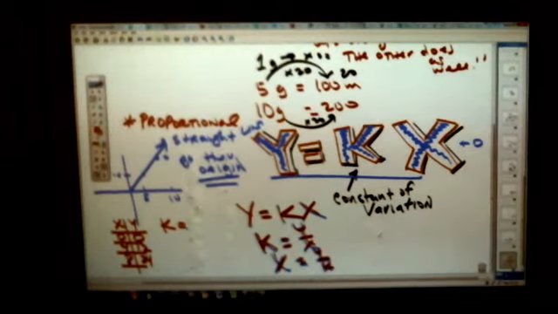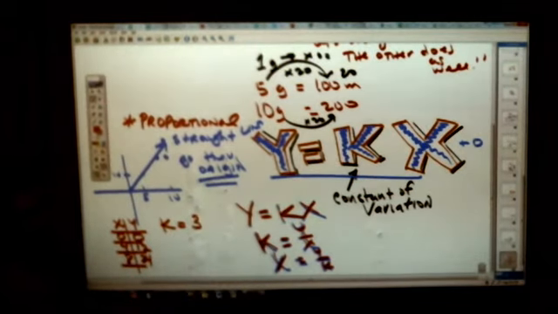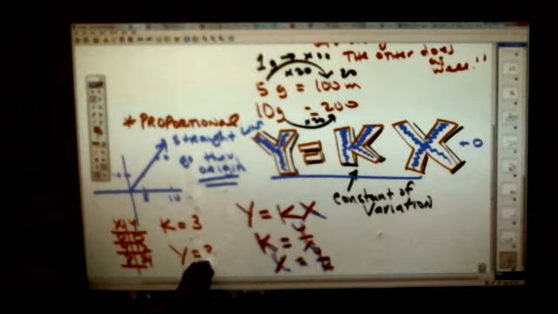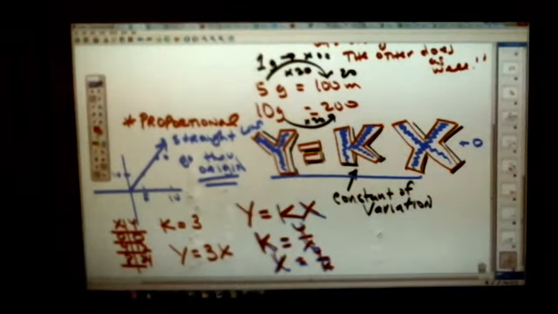Olivia? 3. It's whatever you multiply x by to get y. The equation I would have is y equals 3x. My letter k is that right here.